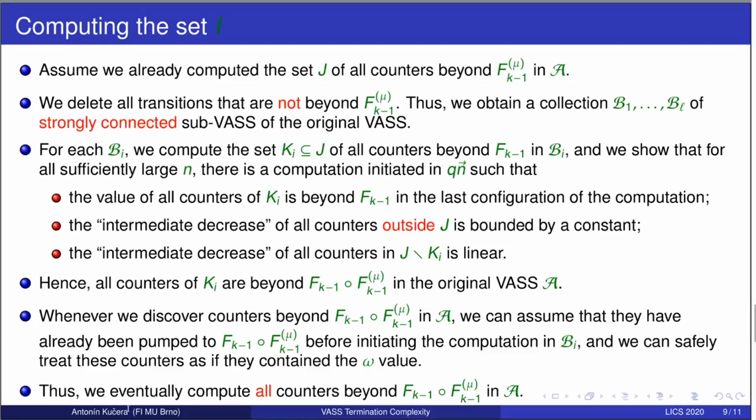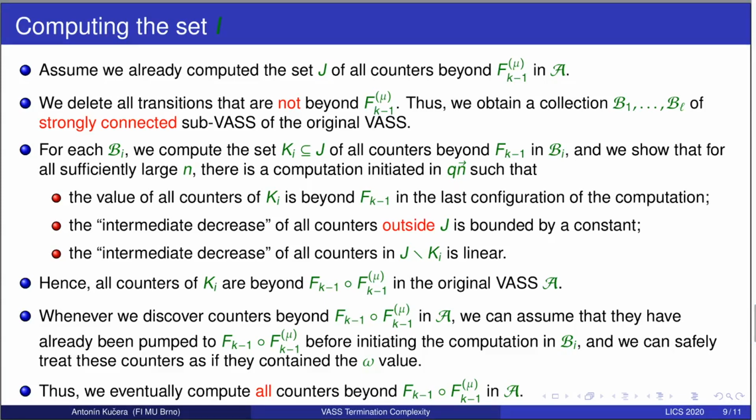It remains to explain the cleaning step of the fixed point computation. So assume that we already computed the set J of all counters beyond fk minus 1 mu, and our task is to identify the subset of J consisting of all counters pumpable even beyond fk minus 1 mu plus 1.